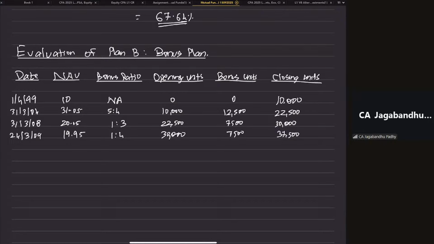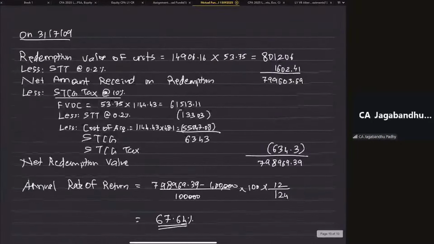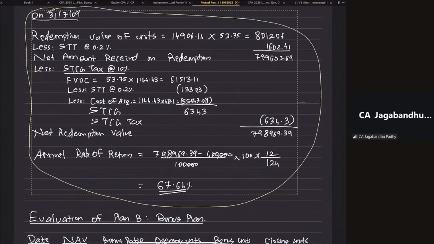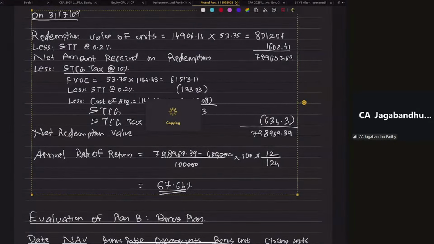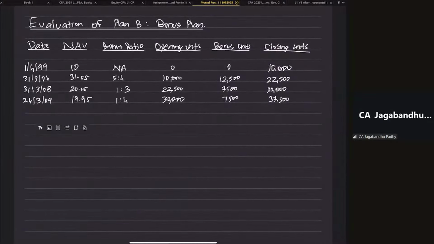Again, I need to calculate the annual rate of return using the same fundamentals. So as on 31st of March 2007, I need to compute the same calculations, but the numbers are going to be different, guys. I want you to calculate this part.